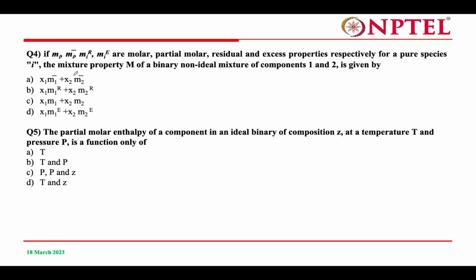Question 4. If Mi bar, Mi superscript R, Mi superscript E are molar, partial molar, residual and excess property respectively, for a pure species i, the mixture property M for a binary non-ideal mixture of components 1 and 2 is given by, options are given.